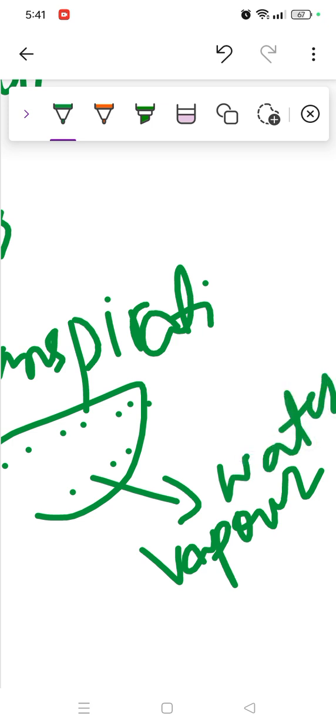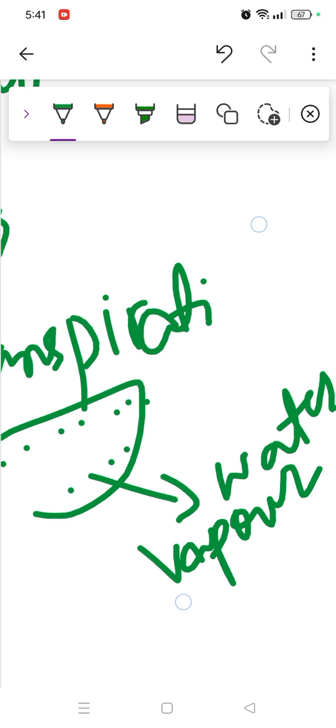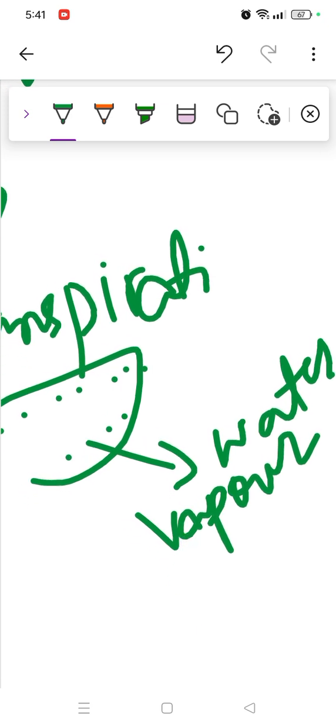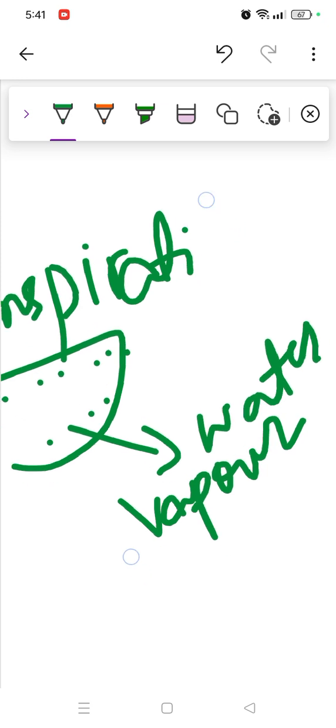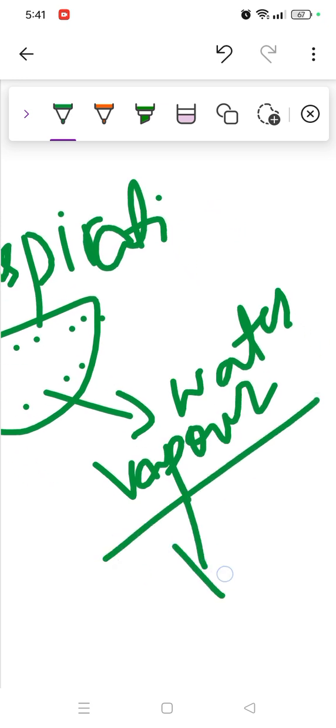Same as in the human body we have homeostasis, the maintenance of body temperature. In the book, it's written as a process where plants lose water vapor through aerial parts. That process is called transpiration.